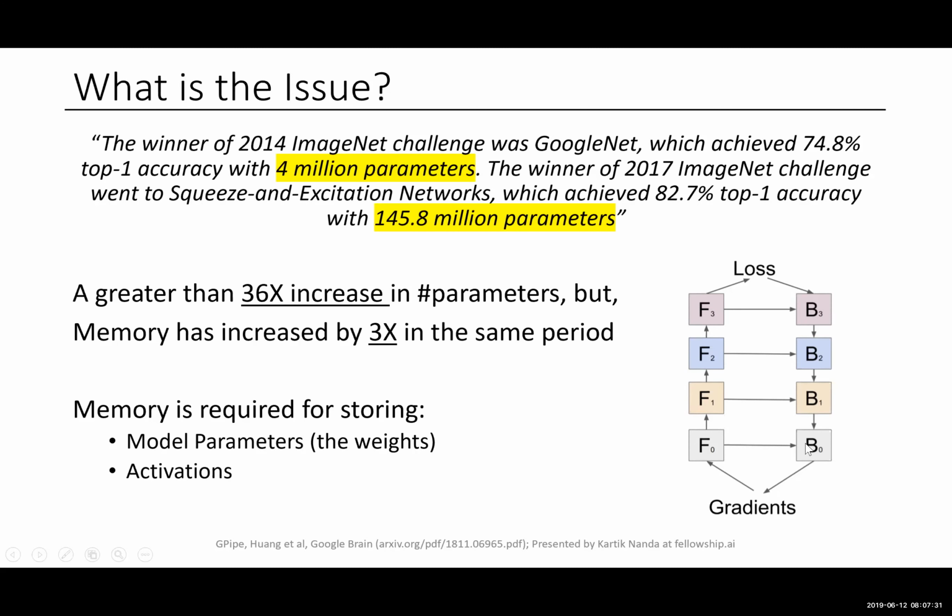So if all of this was being done in one accelerator, you would have all the parameters of the 4 layers, as well as all the activations that have to be stored before you can update the gradients. And all of this storage is essentially in memory.